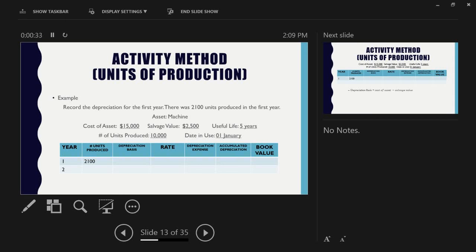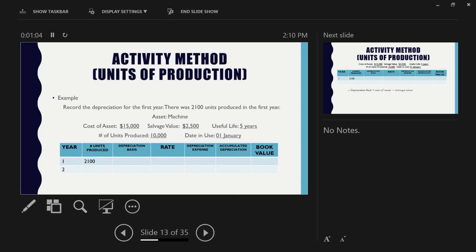Third, do you have a salvage value? Yes, it's 2,500. Fourth, do you have a date of when you put it into service? Yes, January 1st. And lastly, do you know what depreciation method you are using? Yes, units of production. Perfect. Then you have all 5 components, and you're able to move on with this problem.